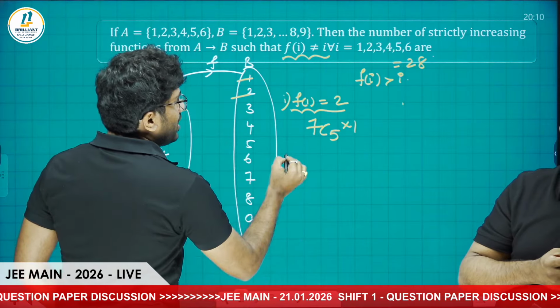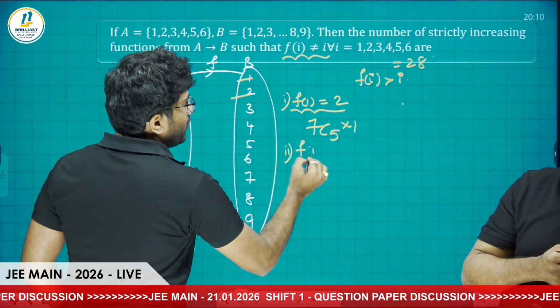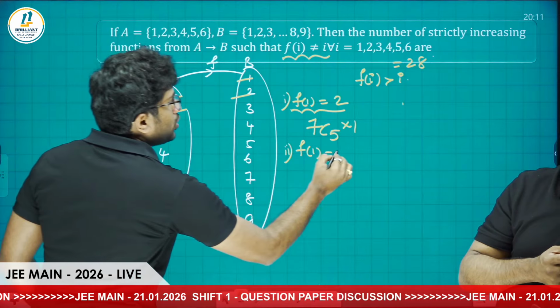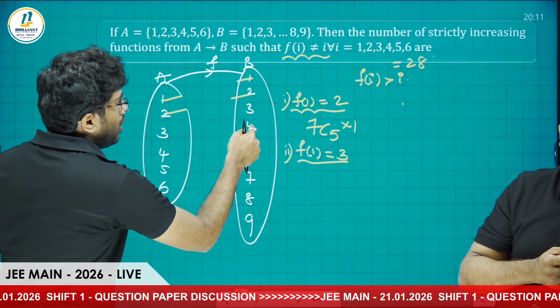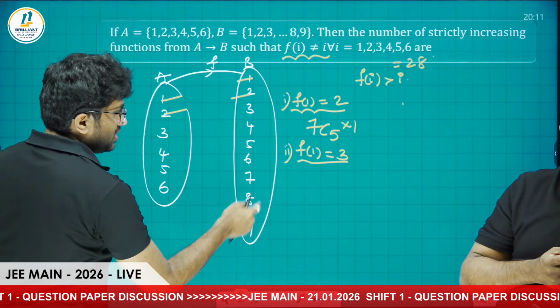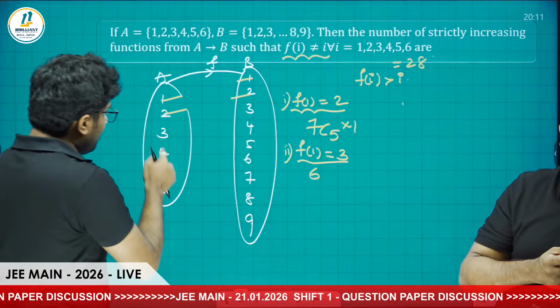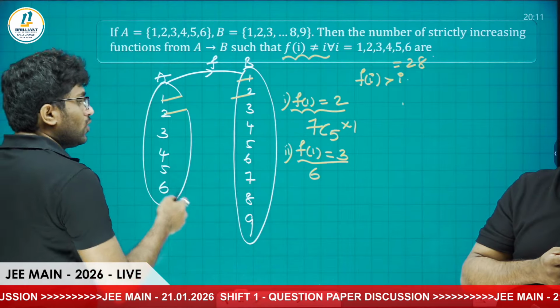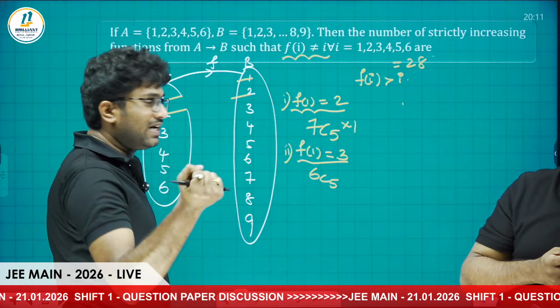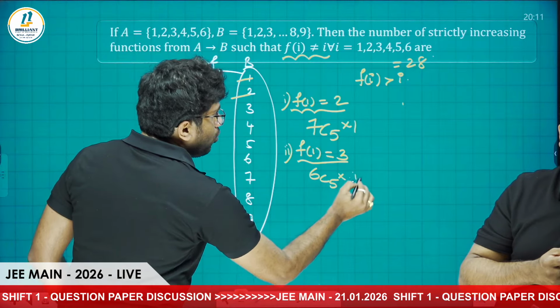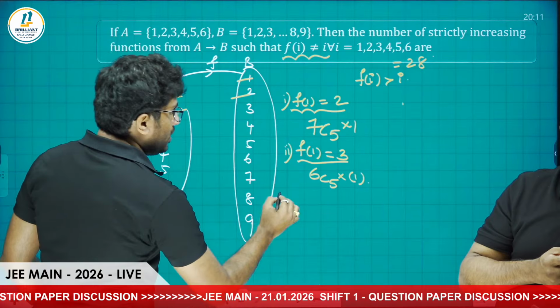The second case: if f of 1 is equal to 3, we will have only 6 elements. Of these 6 elements, we have to map 2, 3, 4, 5, 6. So out of these 6, we select any 5 elements, arranged in only one way, so 6C5 into 1.